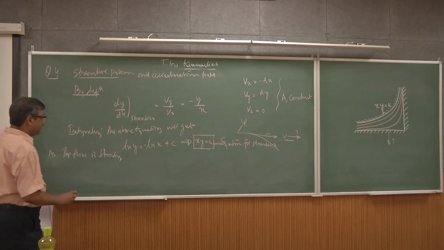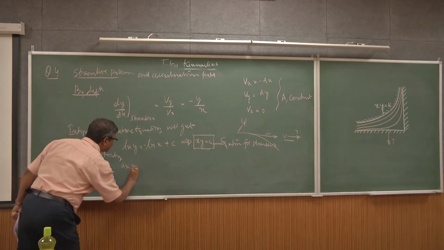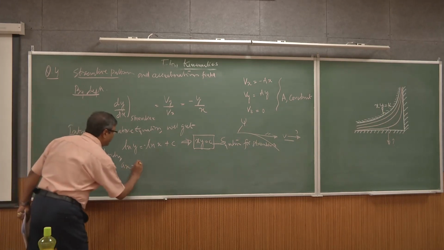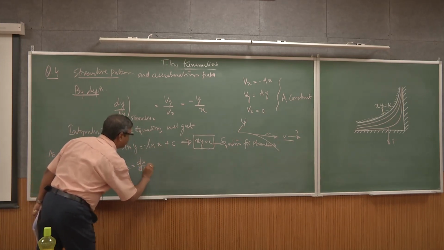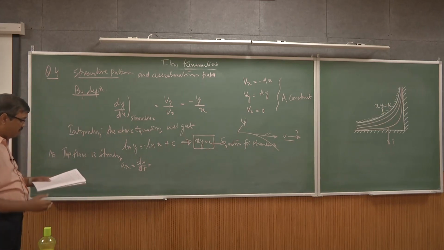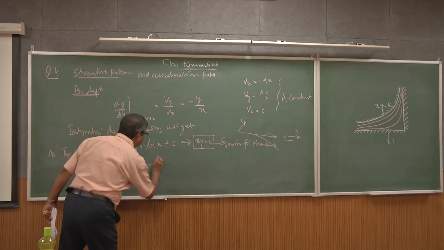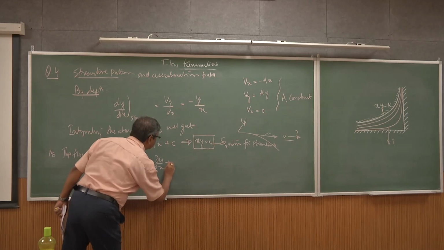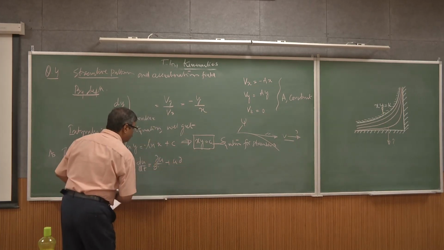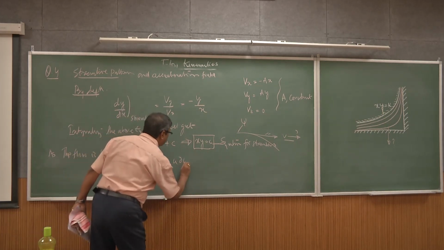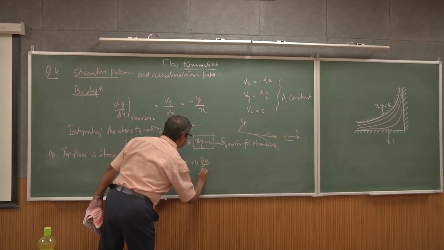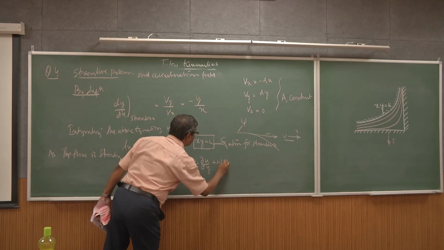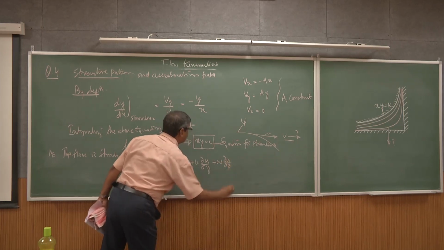We compute ax as given earlier: the total derivative of u with respect to time, which becomes u del u by del x plus v del u by del y.